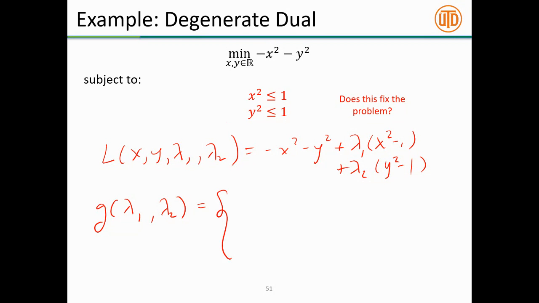And so let's write that down here. So the answer will just be negative infinity if lambda 1 is in [0, 1) or lambda 2 is in [0, 1), right? So if either one of the Lagrange multipliers is in that range, the solution is negative infinity.